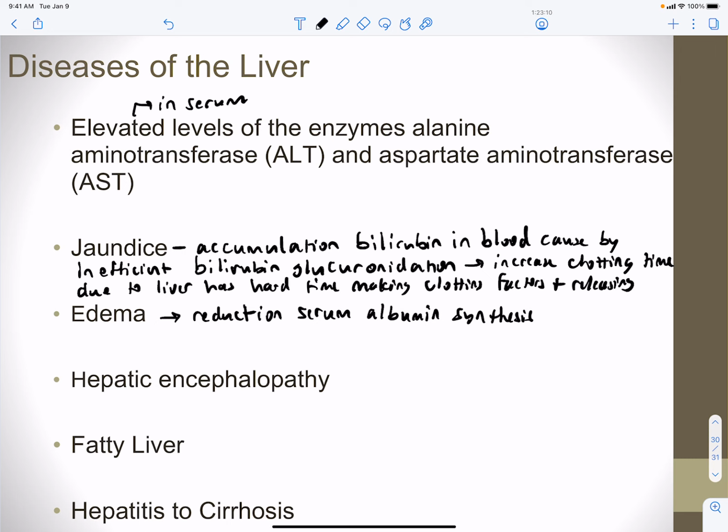And of course, that's going to have a lot of impact on osmotic regularities and things like that. There is also hepatic encephalopathy, which has reduced urea cycle activity. And this leads to increases in ammonia and other toxic compounds in the central nervous system.